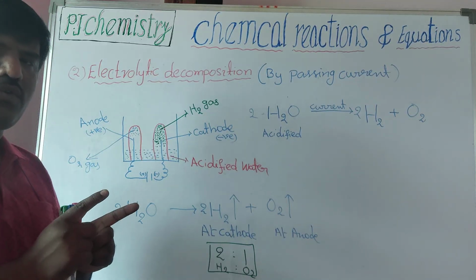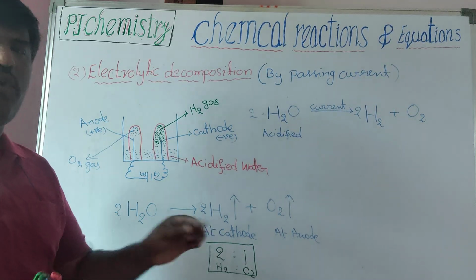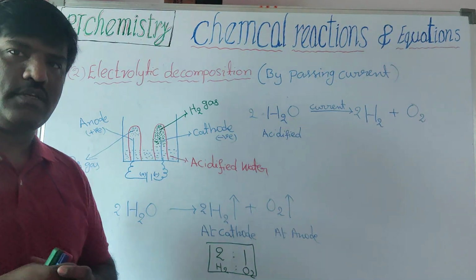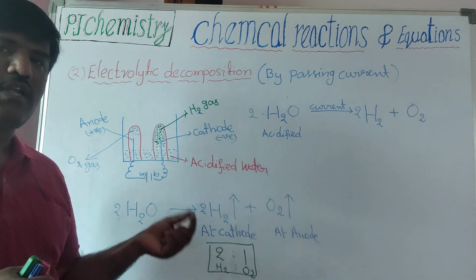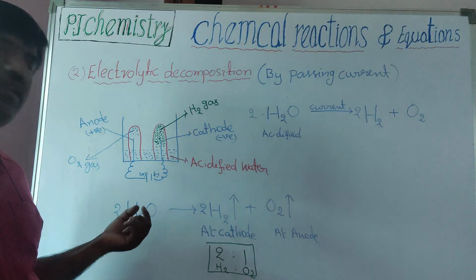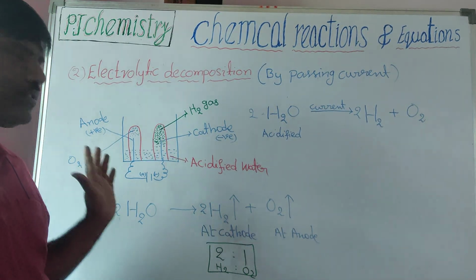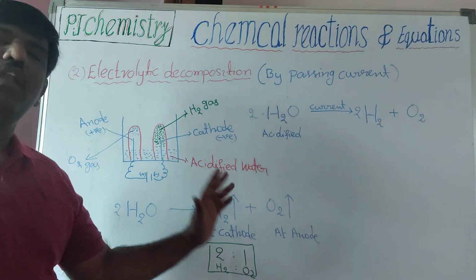Hydrogen 2, oxygen 1, a 2:1 ratio. Why is hydrogen double that of oxygen? Because the composition of water is 2 hydrogens to 1 oxygen, so the same ratio will be liberated.